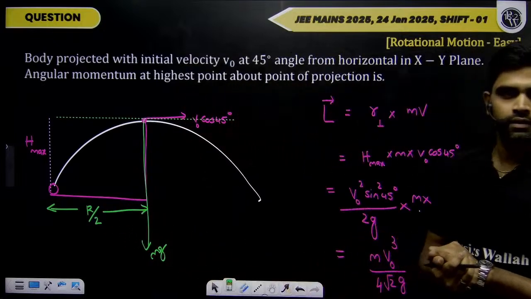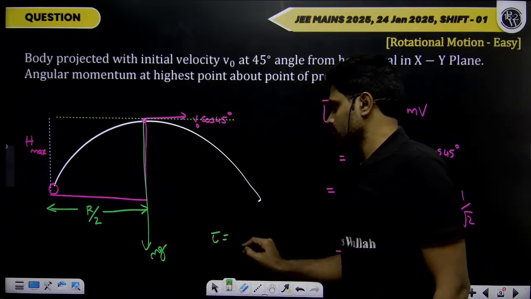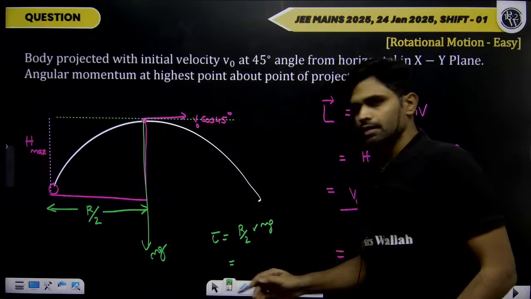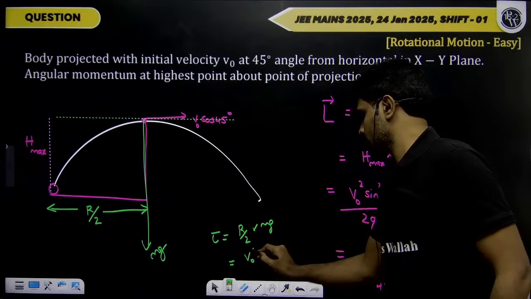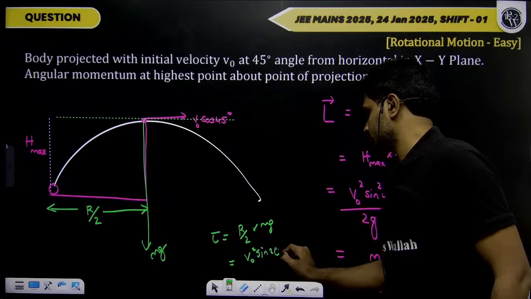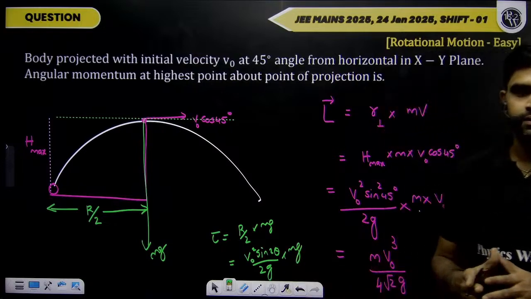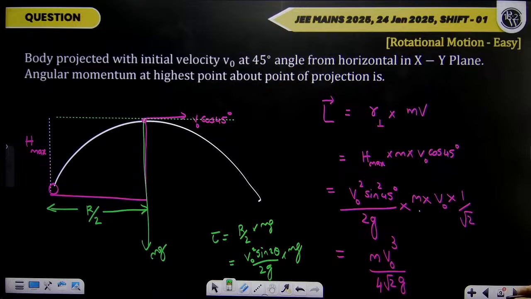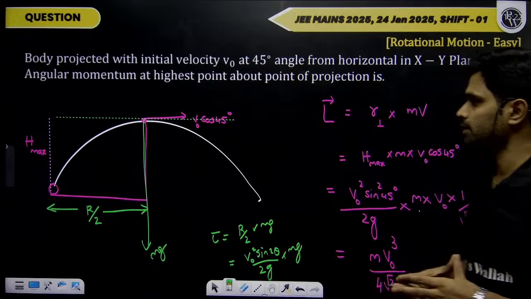Right? So what would be the torque? Torque would be range by 2 into mg. What is range? Range is v naught square sine 2 theta by g. This way you can solve this question. And the spin off would be torque. Revise this formula once.